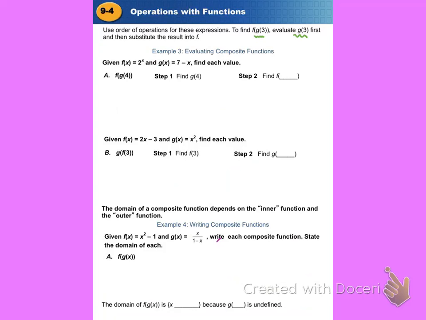So here's an example. I have two functions. f of x is 2 to the x power, and g of x is 7 minus x. And they want us to find, in example A, f of g of 4.